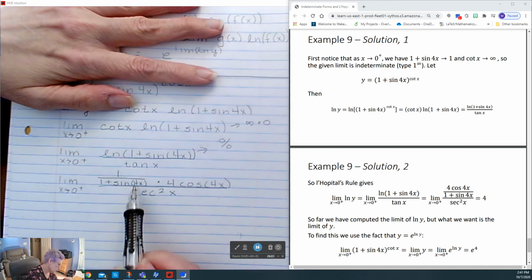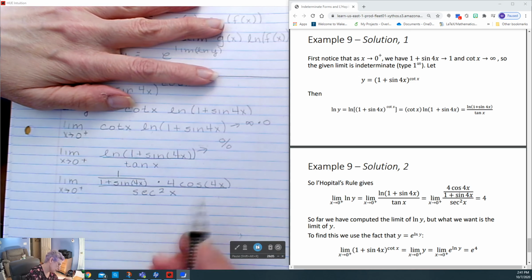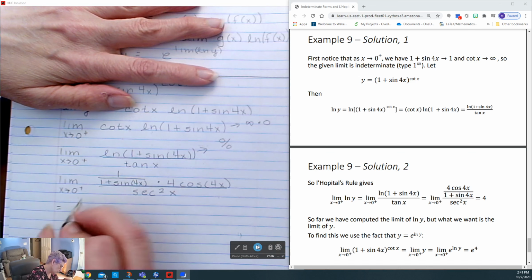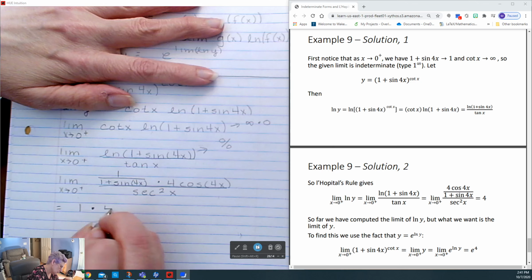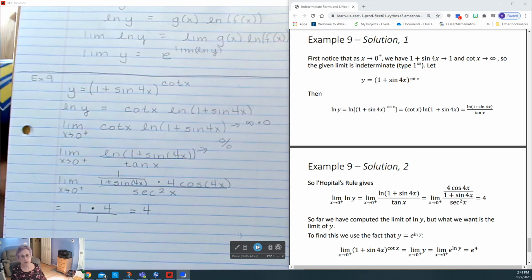Well, sine of x is equal to 0, so this would be equal to 1 times cosine of 0 is 1. 1 times 4 over 1, which is 4.